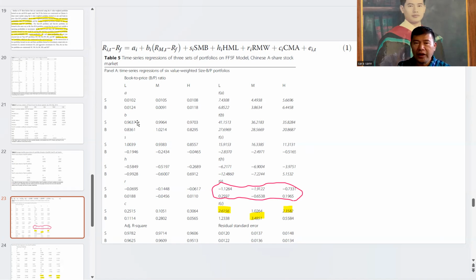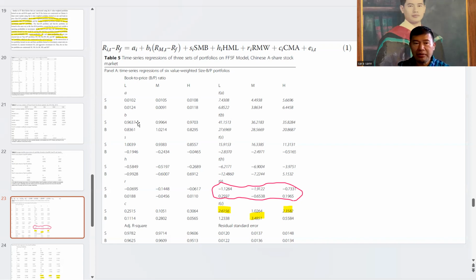It means when the excess return changes 1 unit, the RM minus RF, or the market factor, goes up 96%. It means when the market excess return goes up, the excess return goes up.